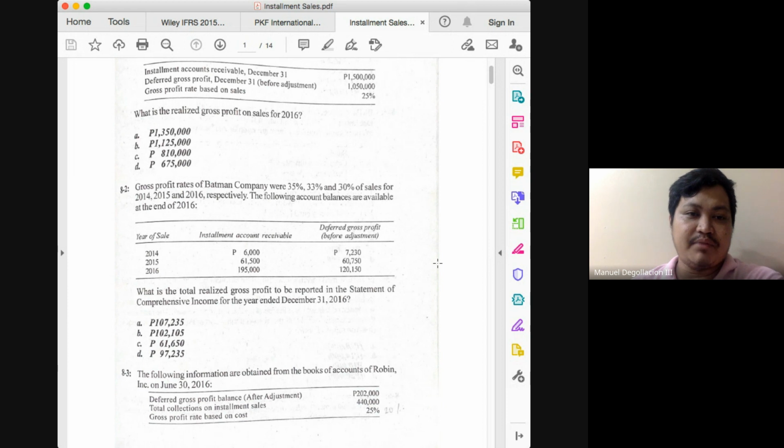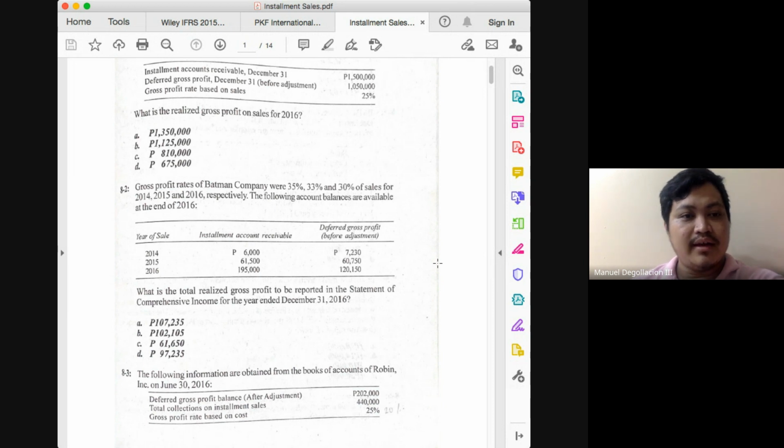Okay, and it's important that this information will have to be segregated because they will be using different markup rates. Okay, the markup rate in 2014 was 35%, the markup rate in 2015 is 33%, and the markup rate for 2016 would be 30%.